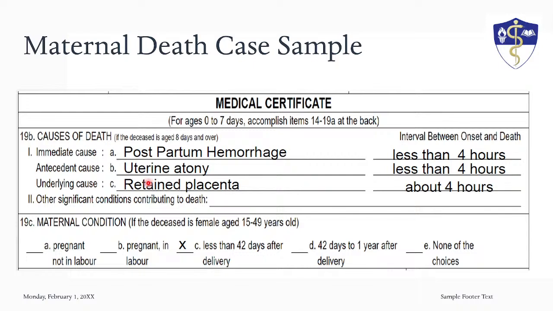Okay? Angat dito, uterine atony, less than 4 hours, and then retained placenta, about 4 hours po. If you place it there, it's not a mistake then. Okay? Because this is a mechanistic postpartum hemorrhage. Okay? Pwede rin naman siyang ilagay din dyan if you want it to be significant po.